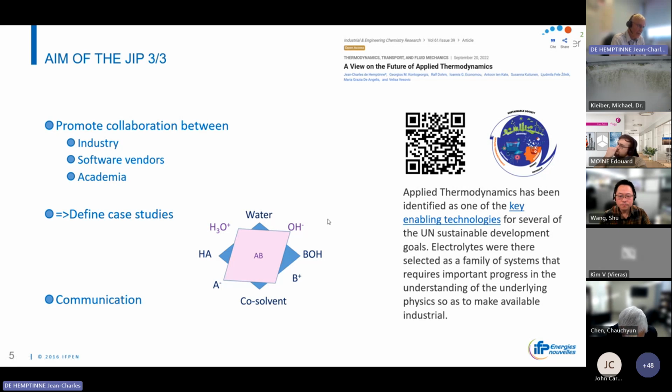So here we have selected water, of course, always with an acid and a base, and a co-solvent, which then creates a system with, in fact, 9 components possibly, which is the ion and the ion pairing, which is a salt in itself.